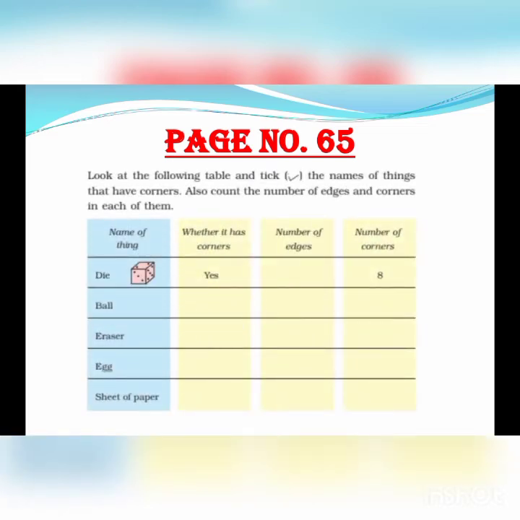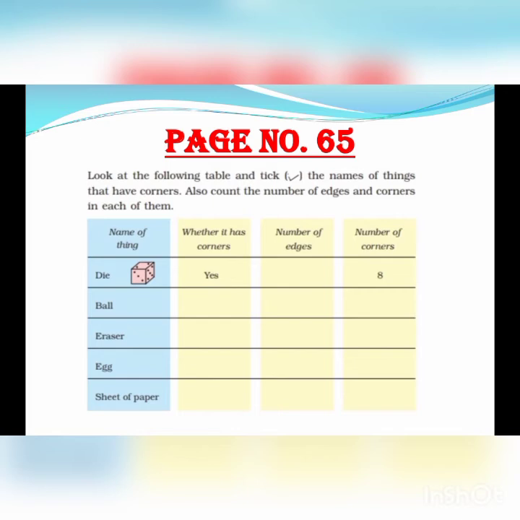Look at the following table and tick the names of things that have corners. Also count the number of edges and corners in each of them. Let's start together. The first thing is die.